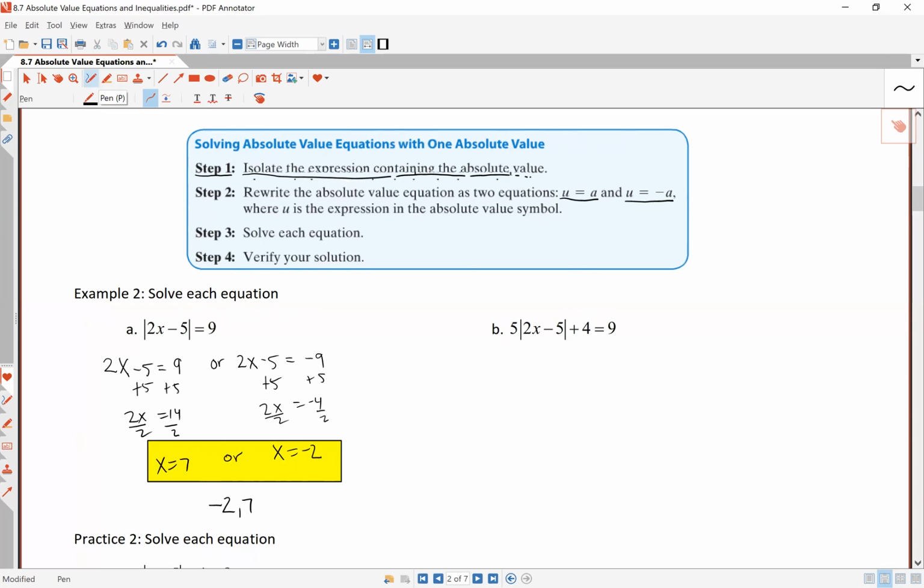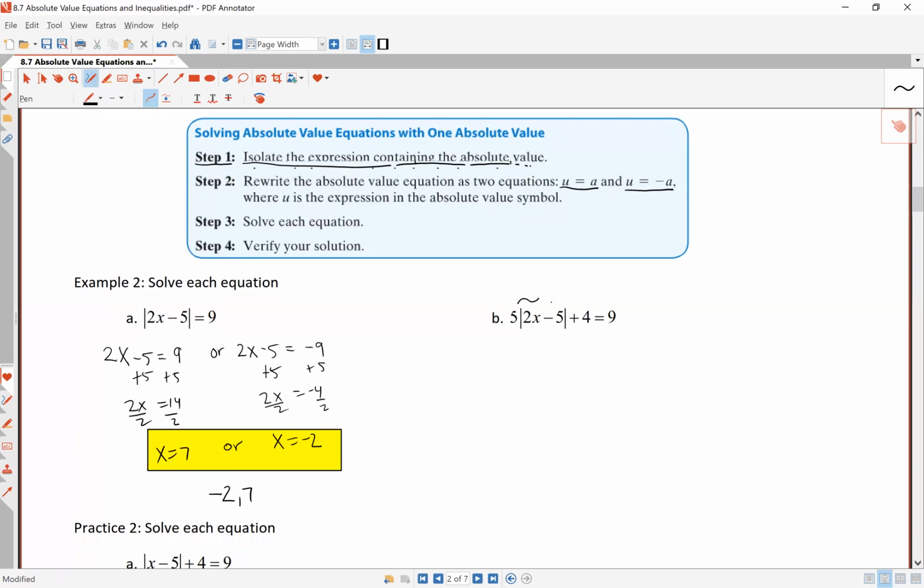But be very careful. In letter B, the absolute value has not been isolated yet. So we must isolate the absolute value of 2x minus 5. And we achieve that by getting rid of the portion that's being added or subtracted first.